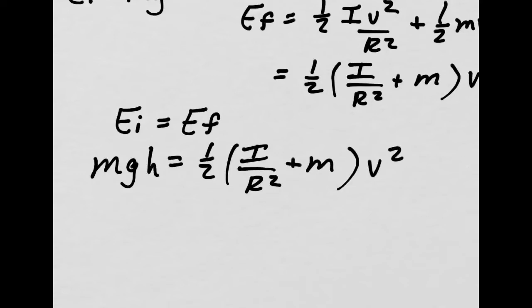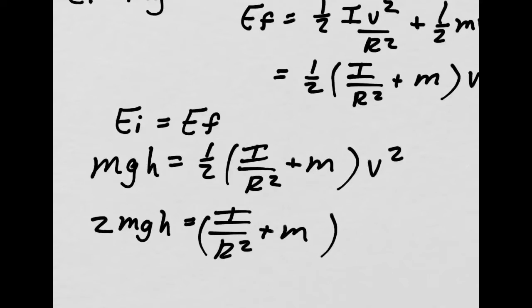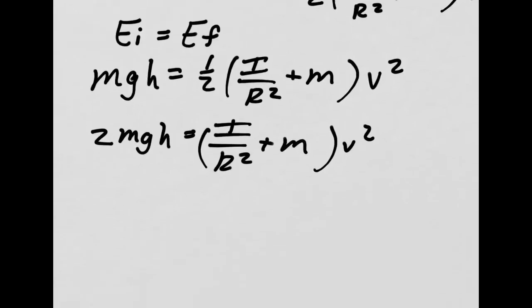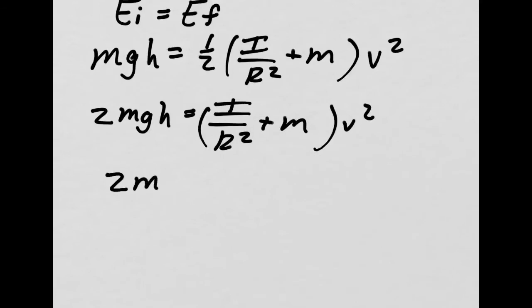So to determine what object wins, we have to look at our velocity. So let's solve this for velocity. 2mgh equals (I over R squared plus m) times v squared, and then divide by what's in the parentheses.